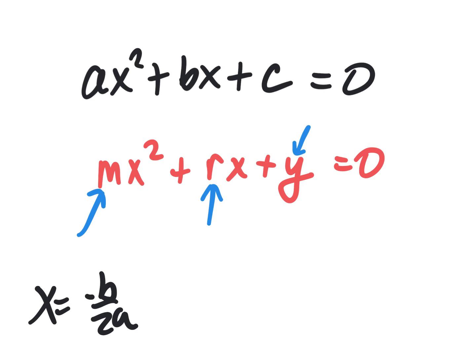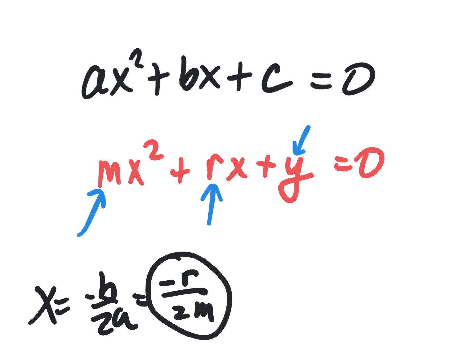Hint, you don't have to simplify it all the way. Let's just get the x of the vertex. All right, so negative b over 2a is great, but in this case, it's negative r over 2m. Is that it? Yes, that is the x value of the vertex. Negative r over 2m.